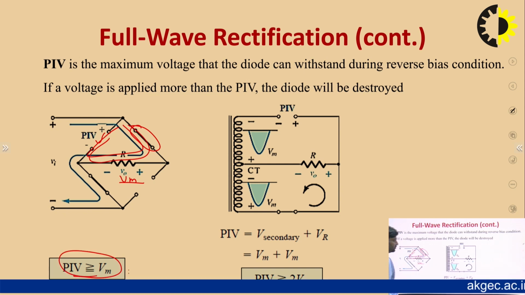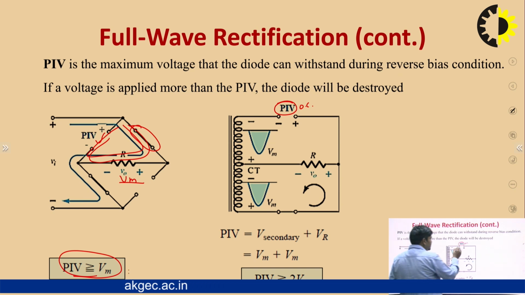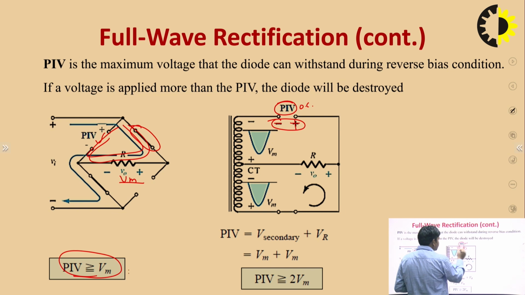But in the case of the center tap rectifier, if we take this one as open circuit, what is the PIV, the peak inverse voltage? Because peak inverse voltage is always calculated in the reverse bias condition. That means this diode works in reverse bias. So we can say the P terminal is negative and the N terminal is positive. So this is the reverse bias condition.